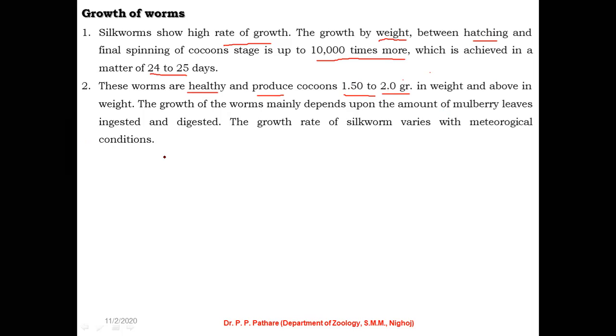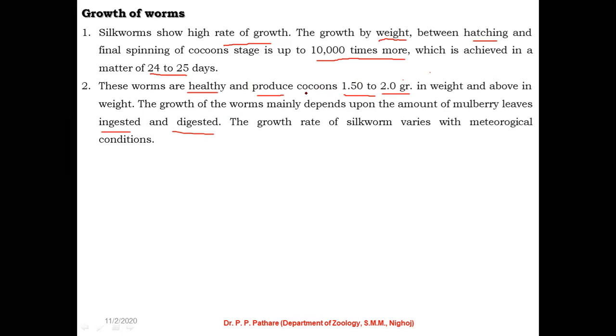The weight, the growth of worms, mainly depends on the amount of mulberry leaves ingested and digested. Ingested means fed, or eaten by the silkworm larva, and digested. Whatever amount of mulberry leaves is eaten by the silkworm larva, they digest inside their body, and they are able to produce such an amount of cocoon.